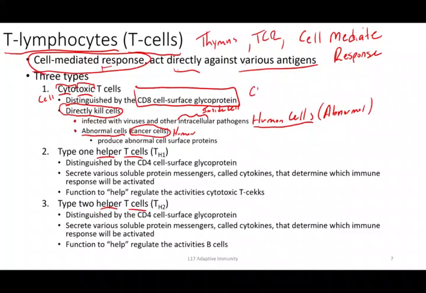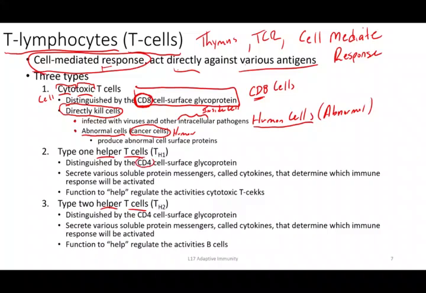These are sometimes just called CD8 cells because of that unique molecule on their surface. The CD8 protein does have a function. We don't go into great enough detail to understand it, but I do want you to know this protein is present on the surface of cytotoxic T cells, and it's not on helper T cells.